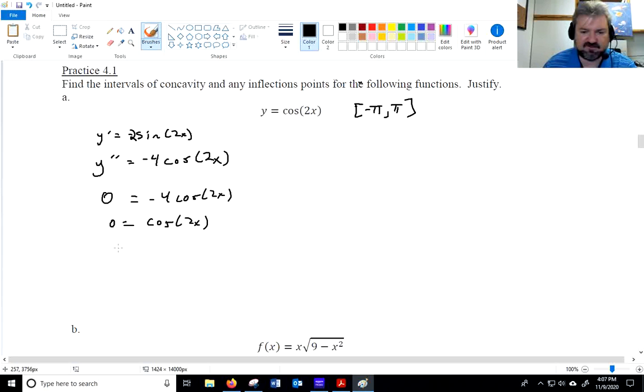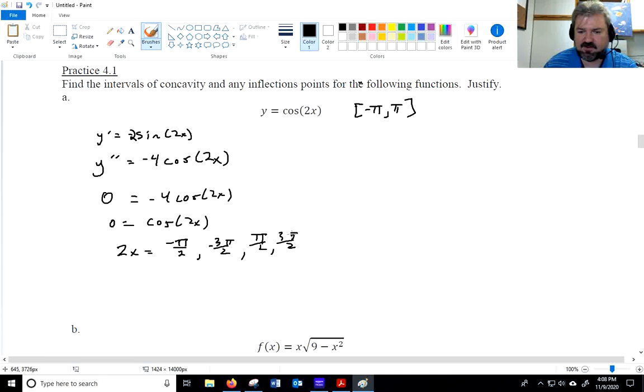Well, cosine is equal to 0 at, let's say, negative pi over 2. Also, negative 3 pi over 2. I don't know. Would that be in the interval? Yeah, it would. Also at pi over 2 and 3 pi over 2.